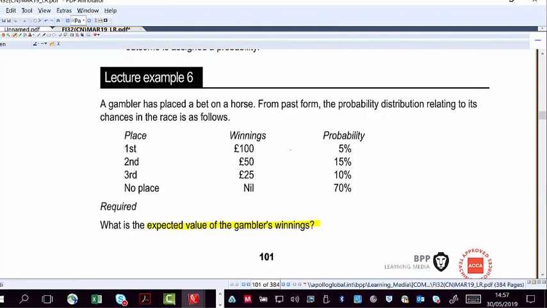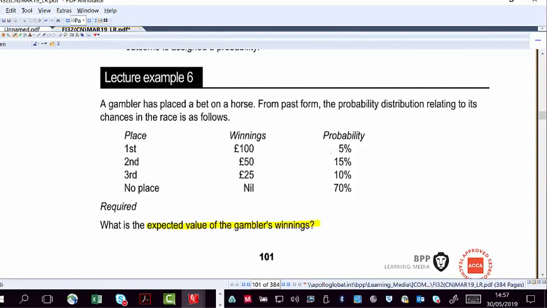A gambler has placed a bet on a horse. From past information, the probability distribution relating to its chances in the race are as follows. So the fact that the horse will come first and there will be winnings of 100, there is a probability of 5%. Second, we will win 50 and a probability of 15% of that happening.